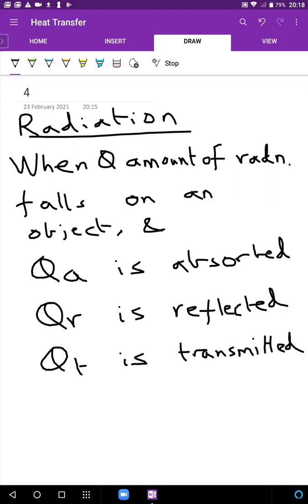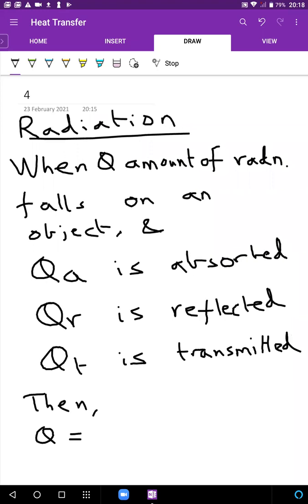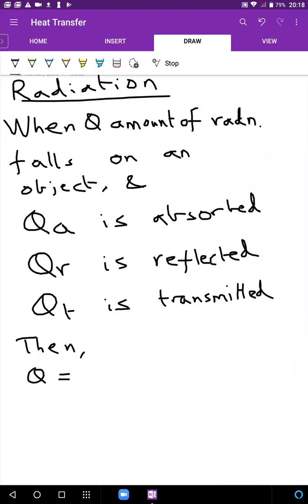The total energy falling has to either be absorbed or reflected or transmitted.